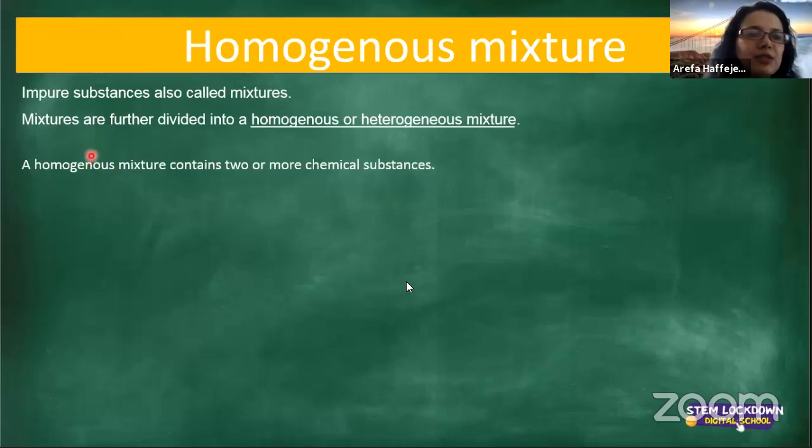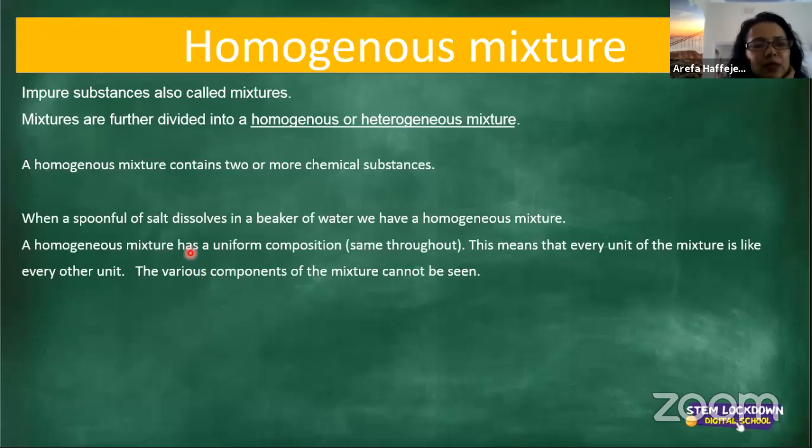Mixtures are further divided into homogeneous and heterogeneous mixtures. When I use the word impure, I don't mean that it is dirty. I mean impure because it is mixed with another substance. Now, a homogeneous mixture contains two or more chemical substances.